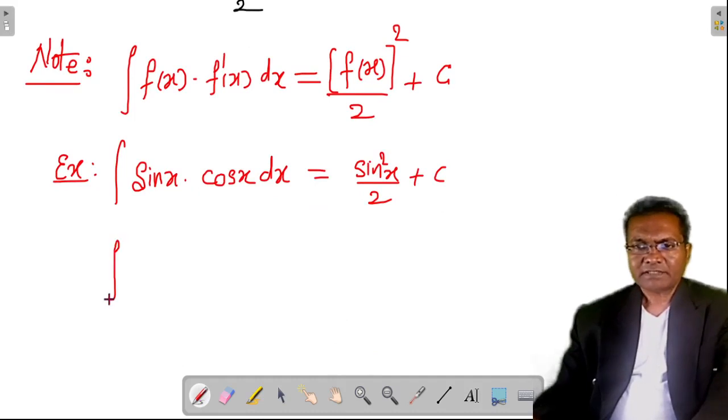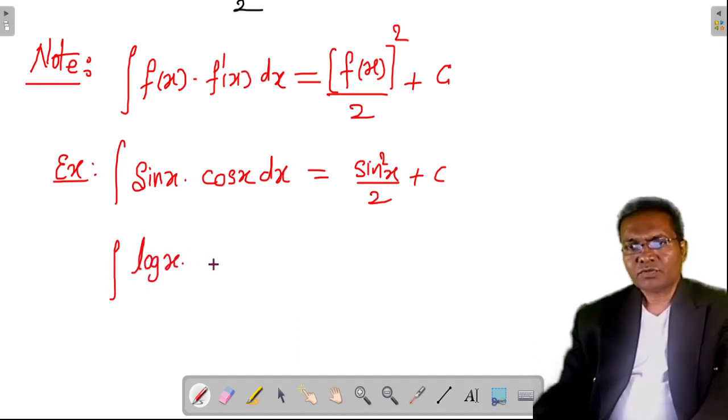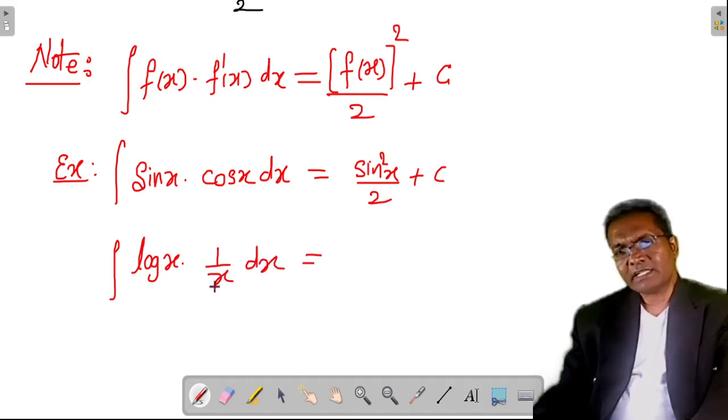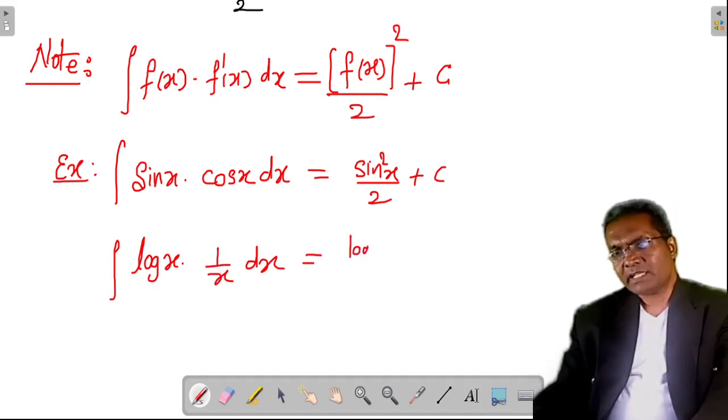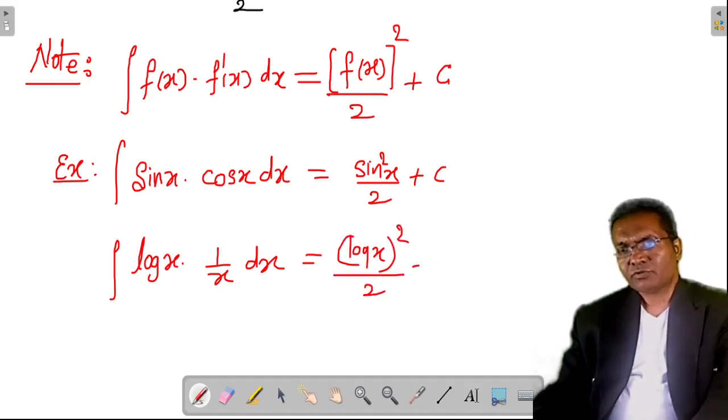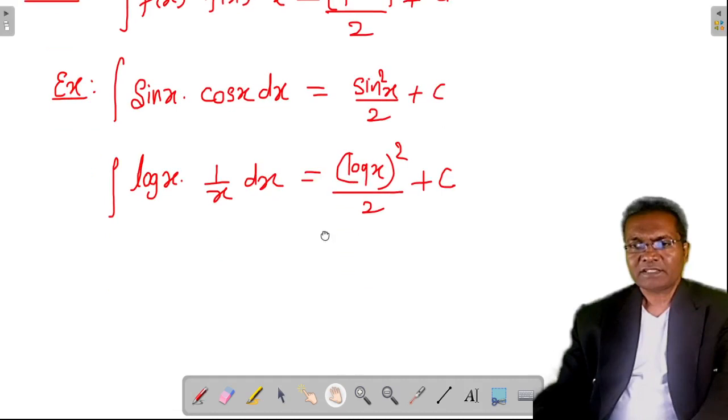Let me write the integration of log x into 1 by x dx. Indirectly it is log x by x. Okay, so the derivative of log x is 1 by x, which is here, so you can write immediately log of x whole square by 2 plus c.